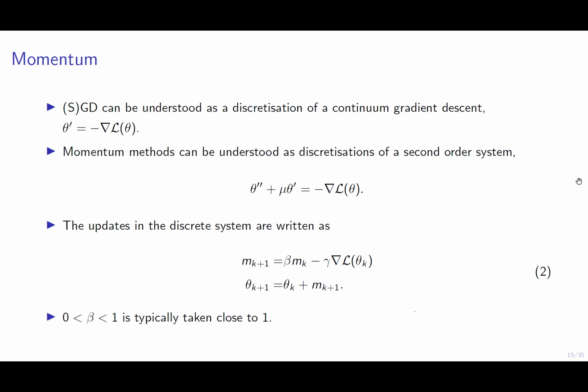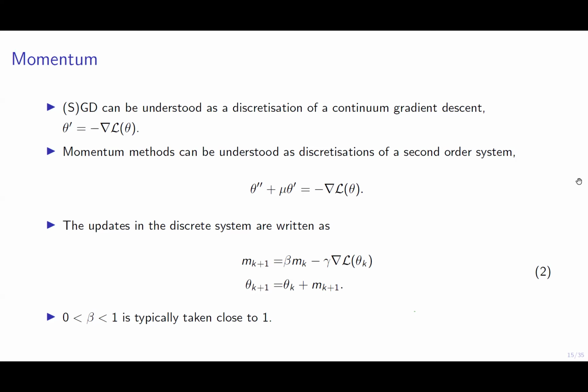We update this momentum vector with the same kind of minus learning rate times gradient, but it also has something inherited from its previous value. Then we update the weights according to the momentum. This is essentially just a simple discretization of this kind of ODE. It's typically taken close to 1, but in practice, things can change depending on the kind of problem that you have.